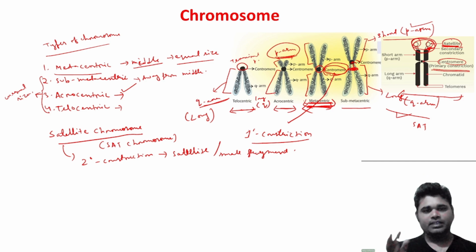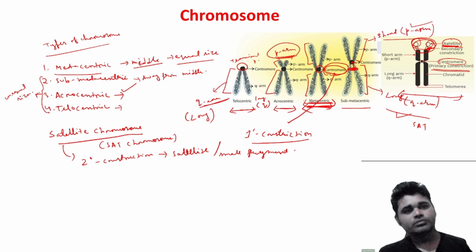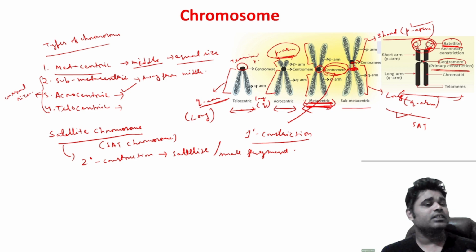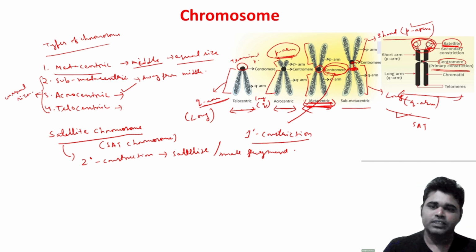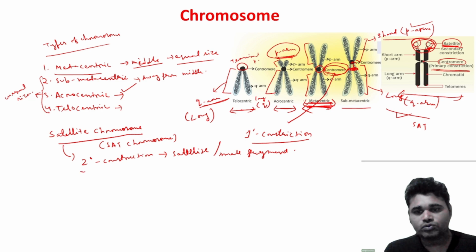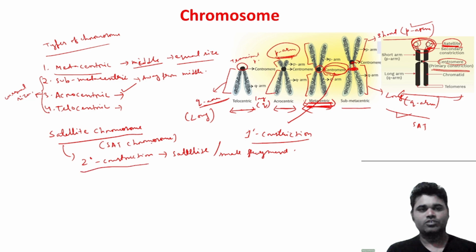So the satellite chromosomes contain two constrictions.